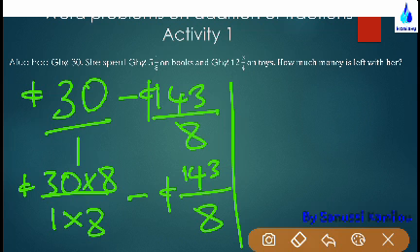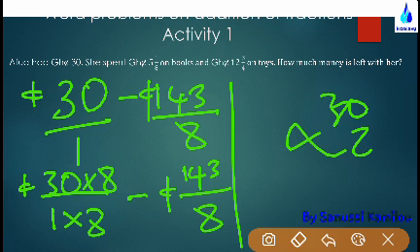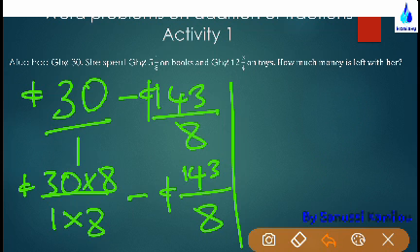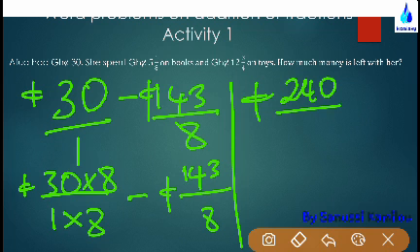So now we are having 30 times 8. 8 times 0 will give us 0. 8 times 3 will give us what? Did you say 24? Very good. So now we are having 240. Our answer will be 240 Ghana cedis over 8 minus 143 over 8.